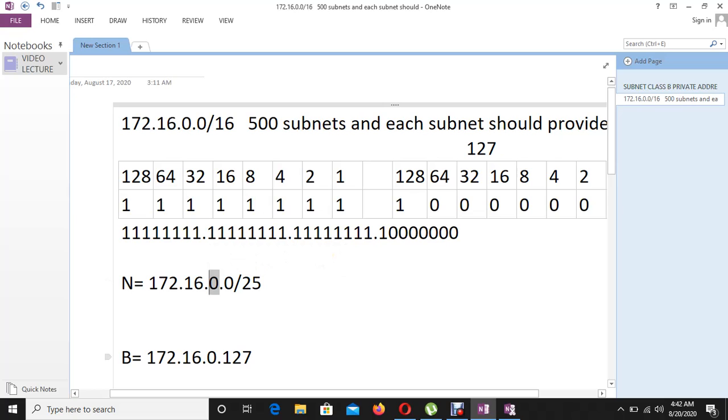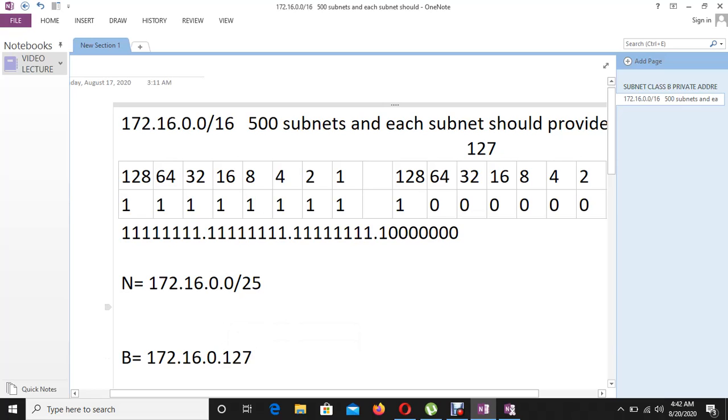That's why that 0 remains 0, because there is nothing left here. It's all borrowed. But in the fourth octet we have this borrowed, still we have this remaining. So that's why we take that 127 and add it to the 0 here in the fourth octet, because in the third octet there is nothing. In the fourth octet there is something. That something is 127, and we add it to this 0 to give us that 127 right here.